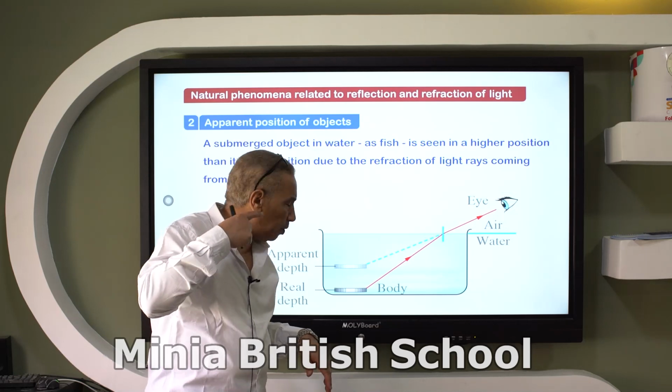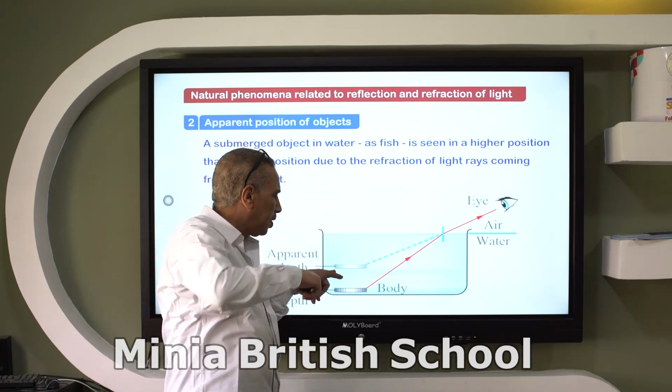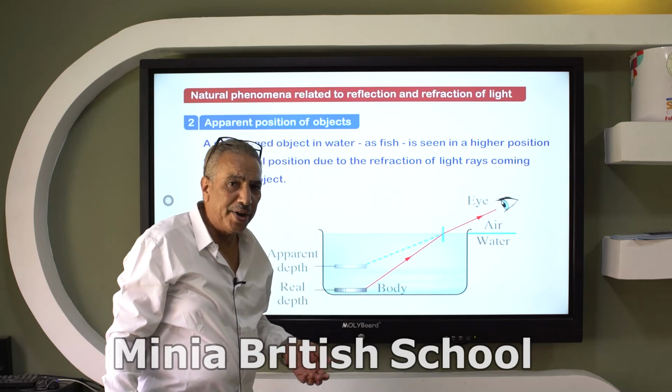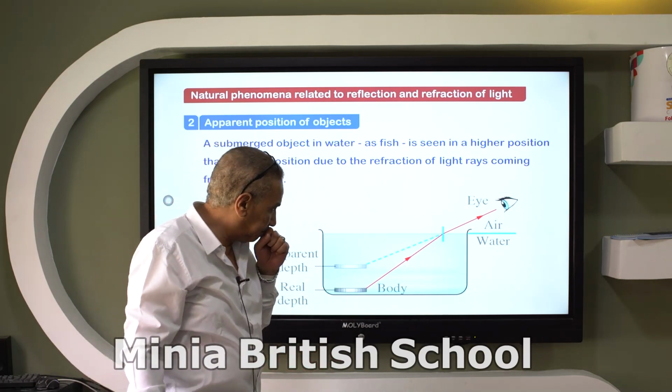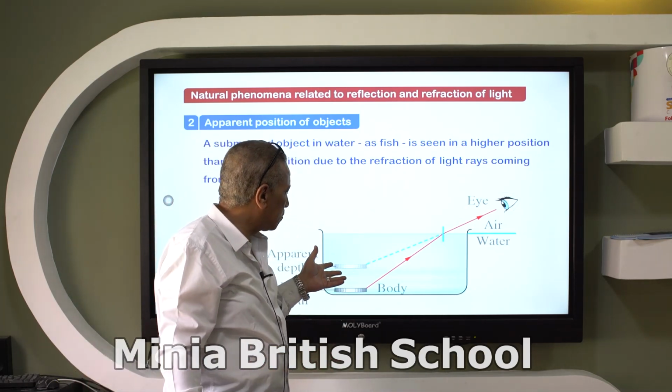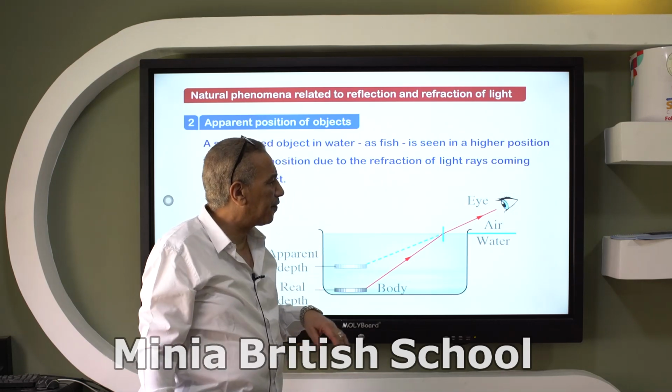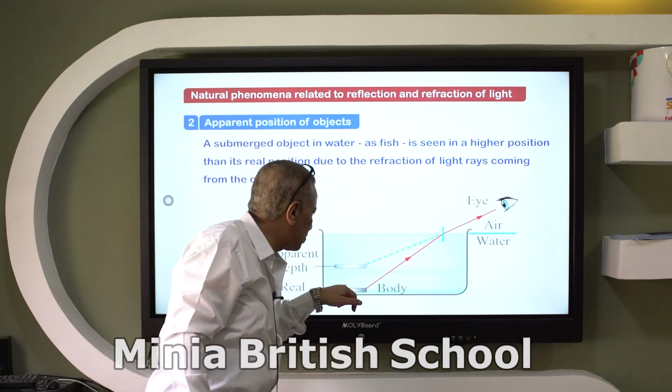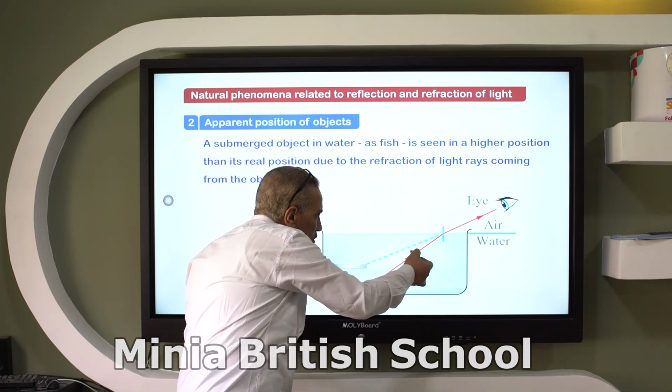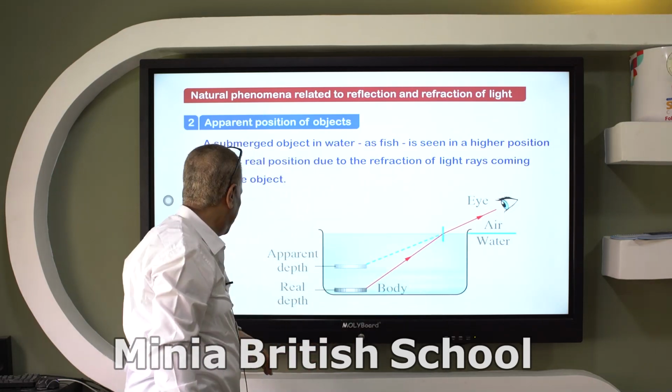If you look at it from the air, you will see it higher than its real position. Why? Due to the refraction of light, and the eye sees the object at the extension of the refracted ray.